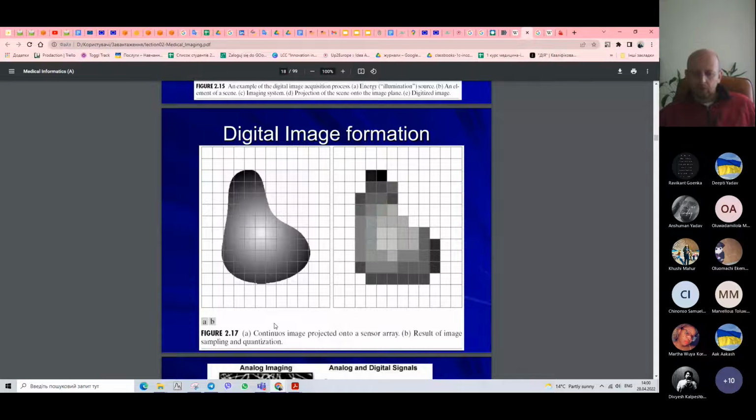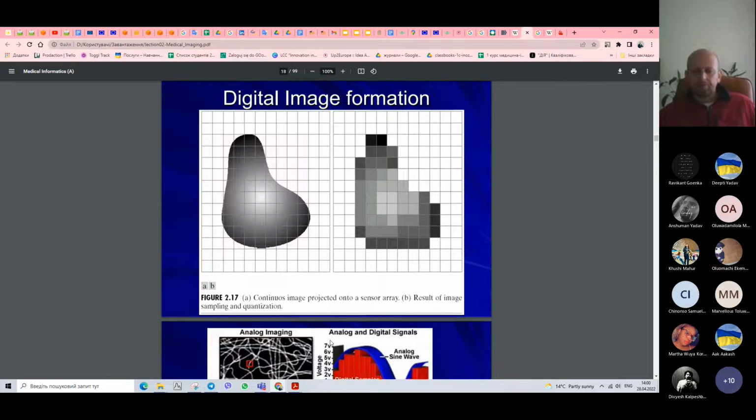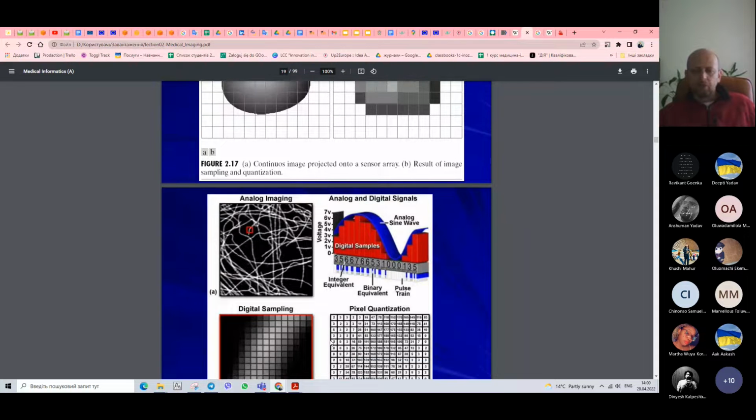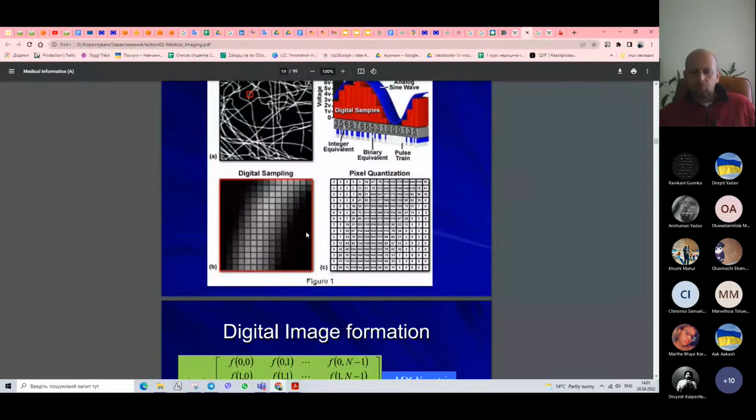A continuous image projects onto a sensor array, the result of image sampling and quantization. For example, you can see analog and digital signals: the blue one is analog, and the digital signal is the grayscale value, digital samples in the whole matrix.